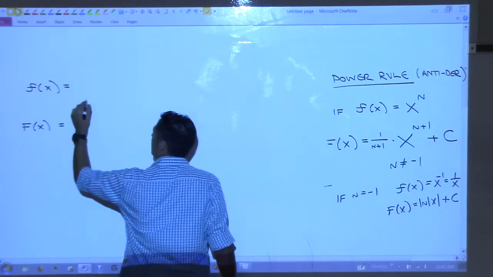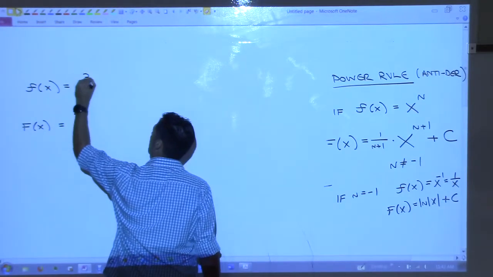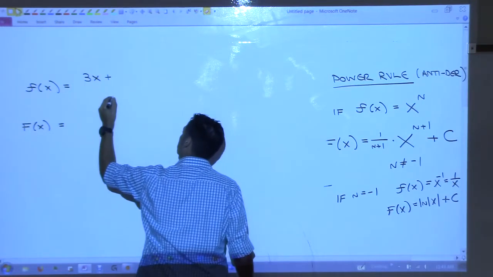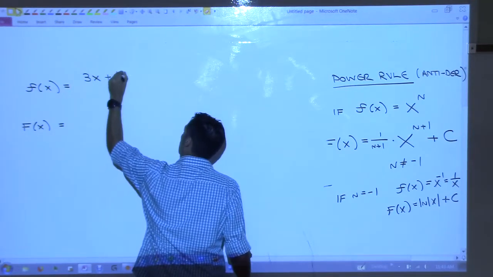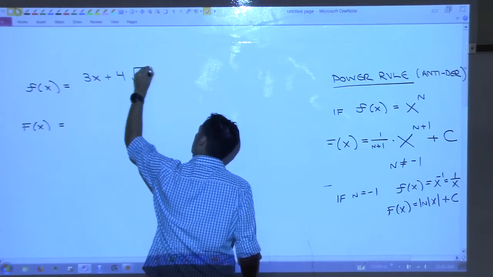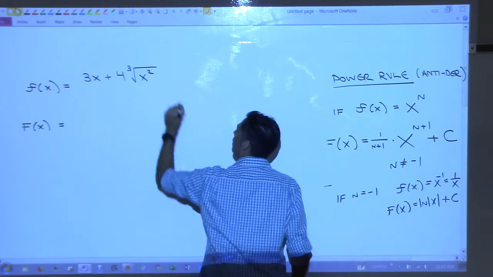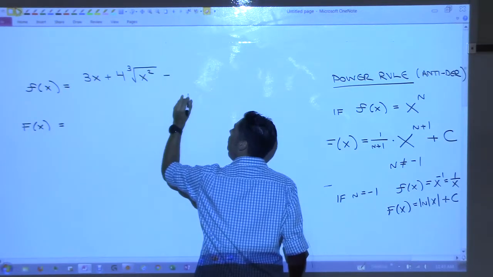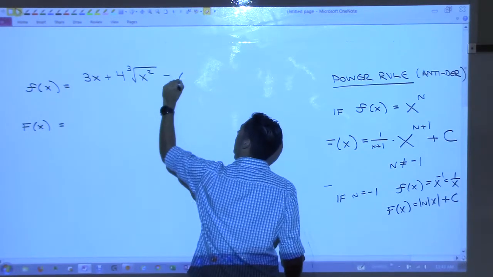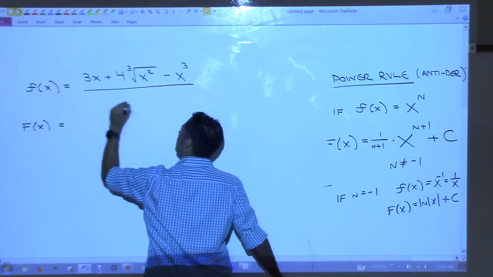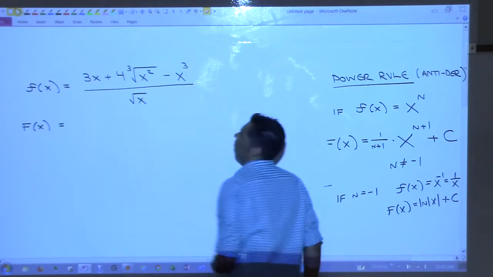So how about this? 3x plus 4 cube root of x squared minus x cubed over the square root of x.